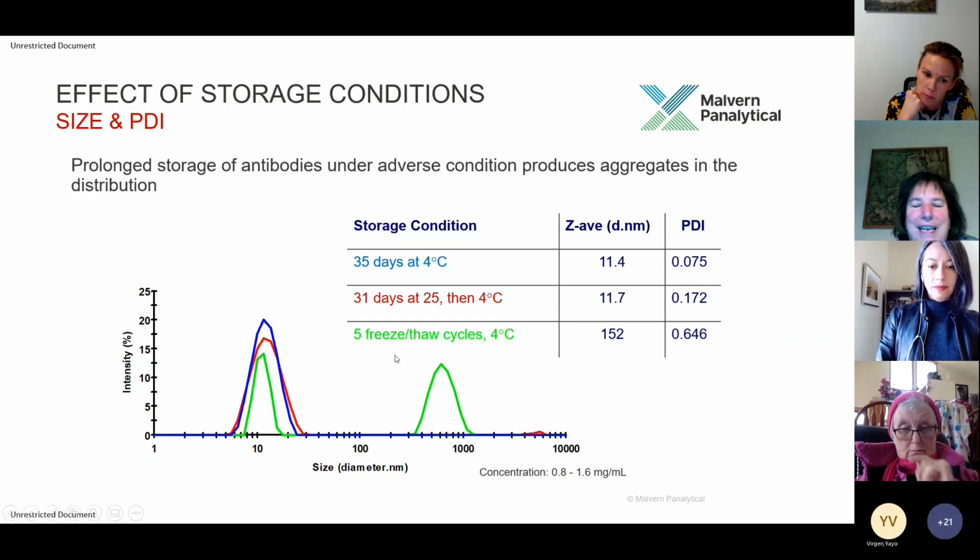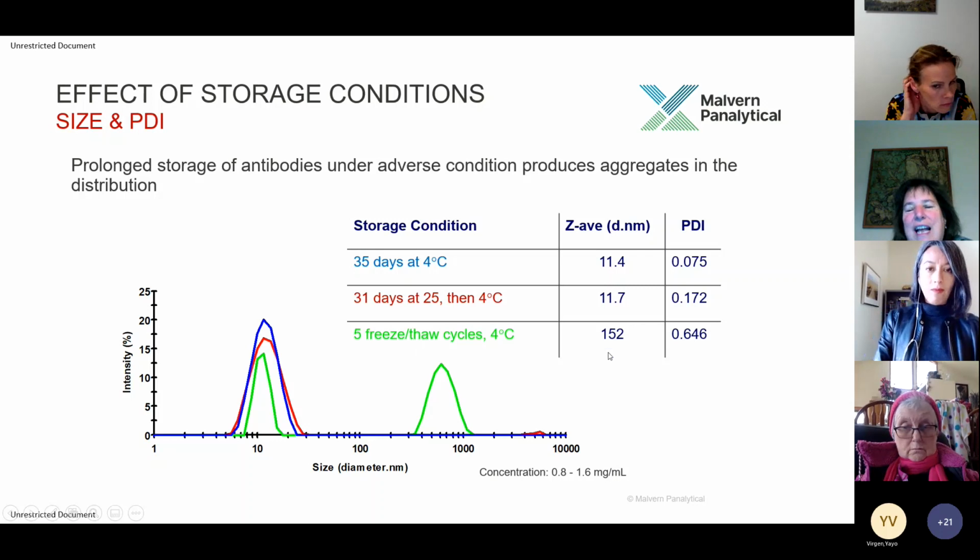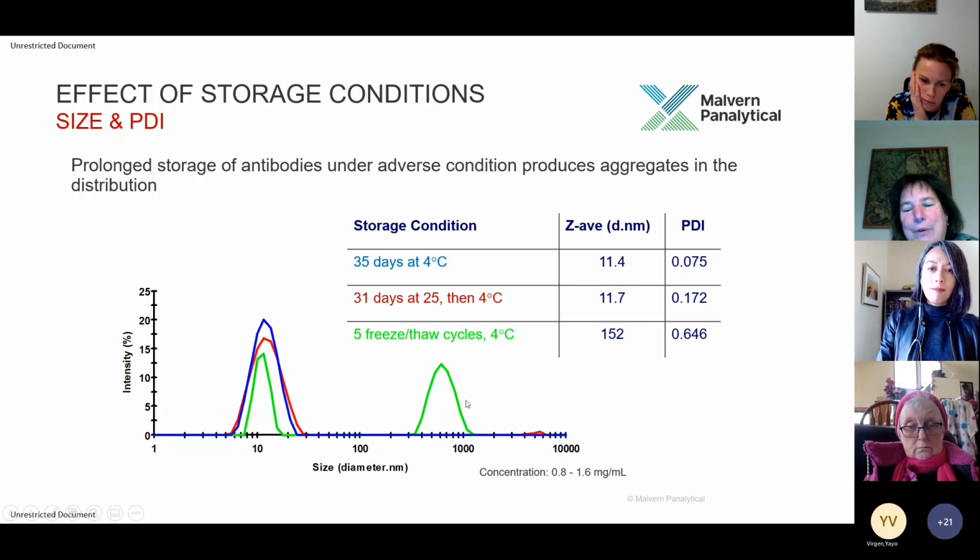Now, we really abuse these antibodies. We freeze-thaw them through 5 cycles, and now you really see that it's gone bimodal. There's the original size, but there's also a very large aggregate that grows in. The Z average now comes in at 152 with a PDI of 0.65.